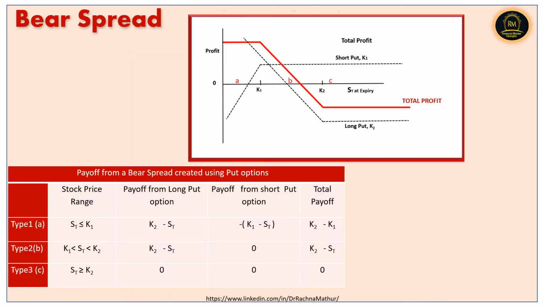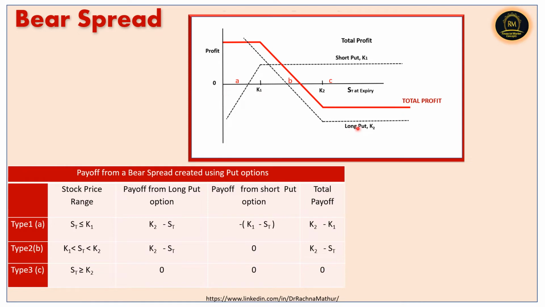Let us see the payoff from the bear spread created using put options. Here we are seeing the stock price range with three probabilities at the time of expiration. This is the payoff from the long put option, the payoff from the short put option, and the total payoff from long put and short put. First we take the probability that the stock price fell down and is lower than K1.